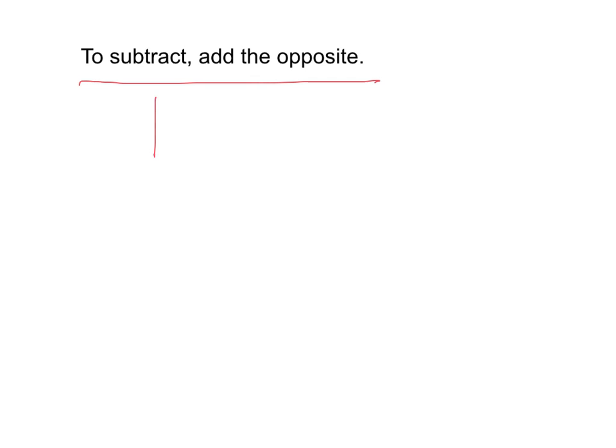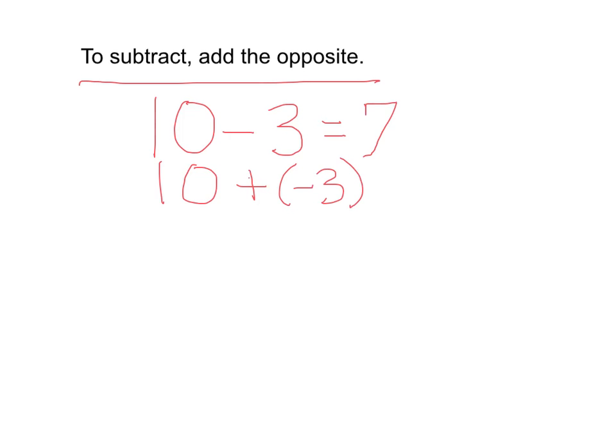Here's an example of a subtraction, 10 minus 3. Well, 10 minus 3 equals 7, of course, but I can prove that adding the opposite gives me the same answer. I can rewrite this as 10 plus the opposite of 3, which is negative 3. 10 plus negative 3 is also going to equal 7.